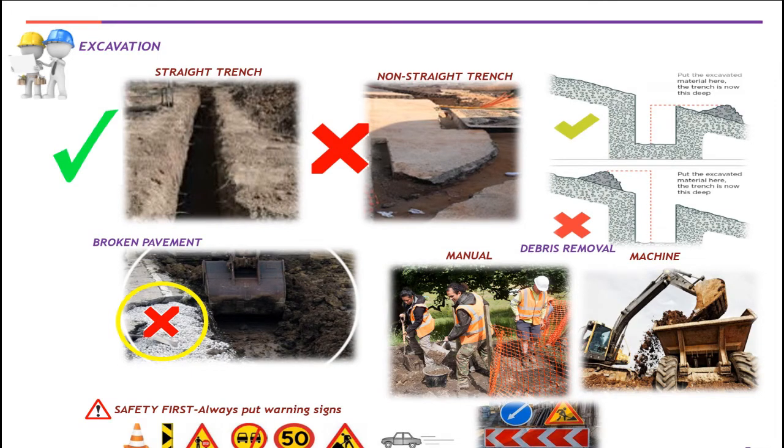Okay, excavation. As a definition, excavation is performed by a mechanized machine having different sizes of buckets. During excavation, contractors must observe the following STC rules. A trench must be as straight as possible. This will prevent the cable from getting longer during installation.